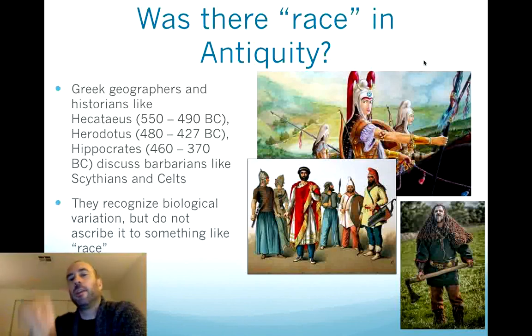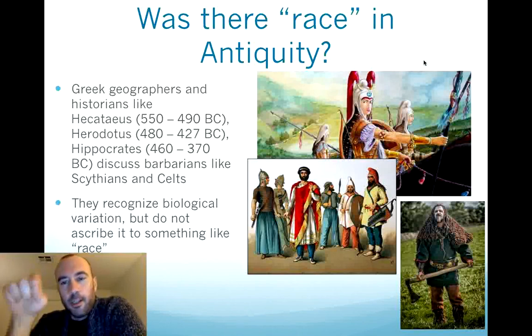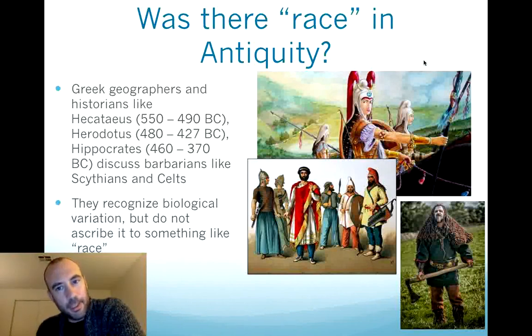So this picture there on the upper right is supposed to be a representation of Amazon warriors who were said to be or thought to be Scythians, and also Celts. So I picked a crappy representation of a Celtic type individual there on the bottom right.